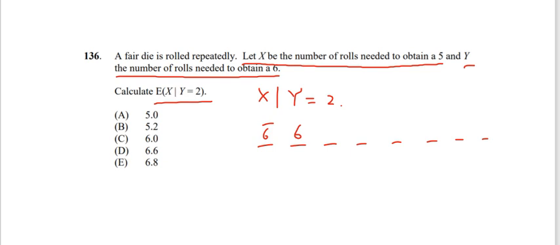At first, x is how many rolls we need to get 5. So we just count. We try again and again until we get 5. So such x follows a geometric distribution, right? Just keep doing until you get a 5. But we have this condition.